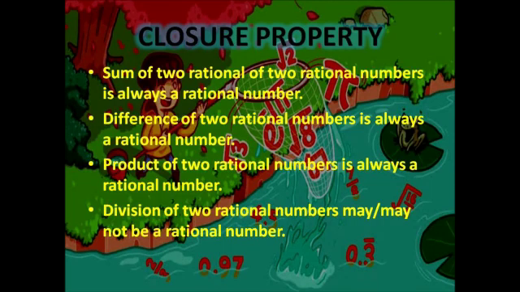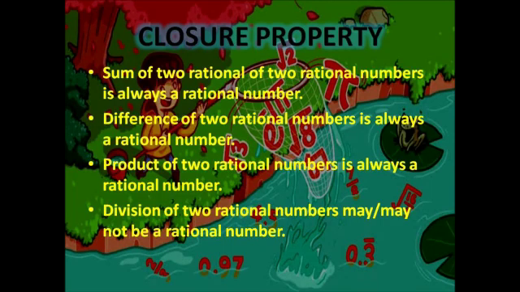Let us take A and B as two rational numbers. Then the sum of A and B will be a rational number. That is, if we add A and B, the result will also be a rational number. So we say that rational numbers are closed under addition.